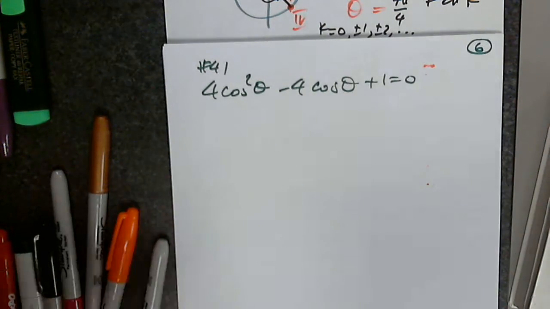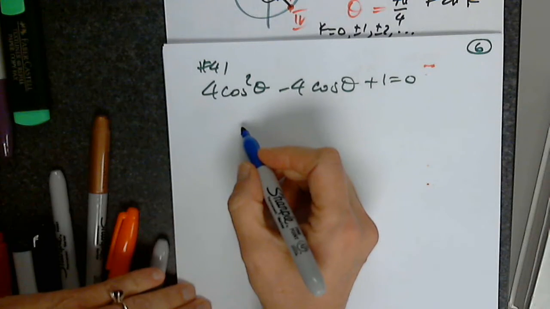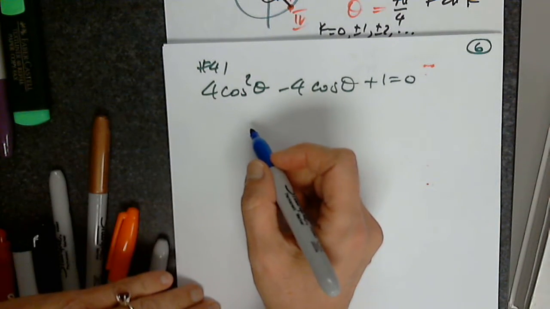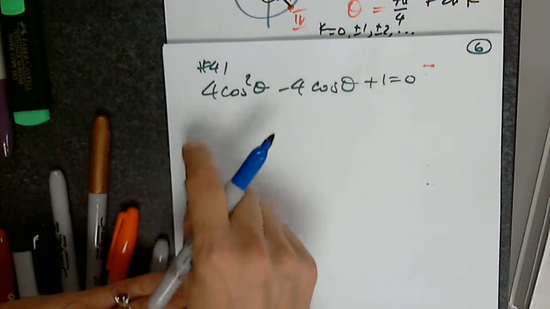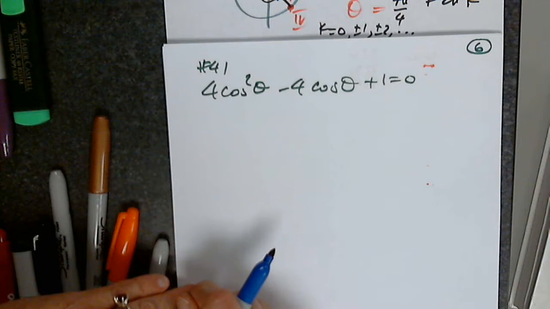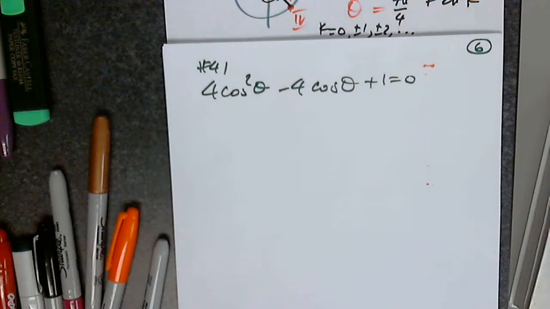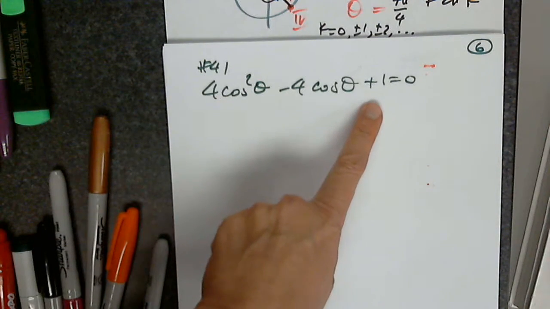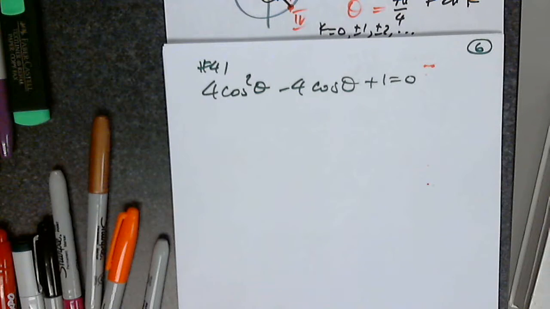Alright, so we got cosine squared. Yes? Cosine theta. But what about 4? Can we divide by 4? No. It would be a tragedy if I could, because then I would have cosine squared minus cosine plus whatever, and that's not factorable.